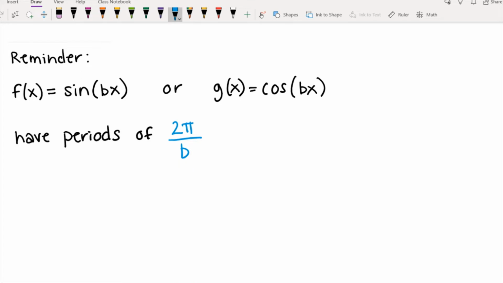So for example, we just did 2x and that had a period of 2 pi over 2, which is pi. If b was the number 3, then the period would be 2 pi over 3. And whatever you get for your period, that's what you're going to tag on at the end when you're describing all solutions.